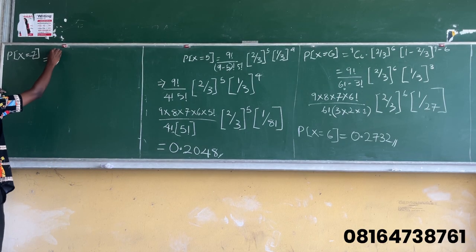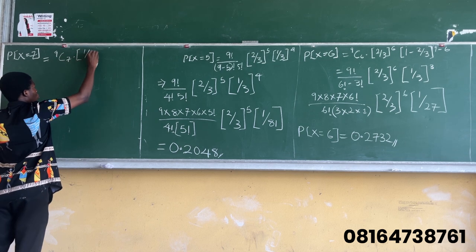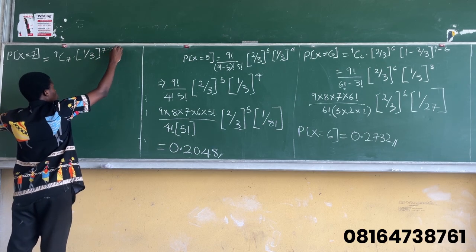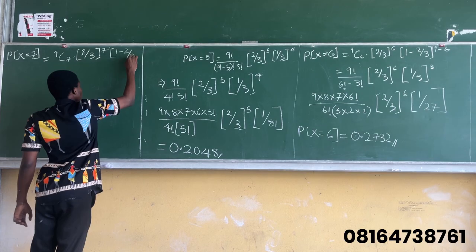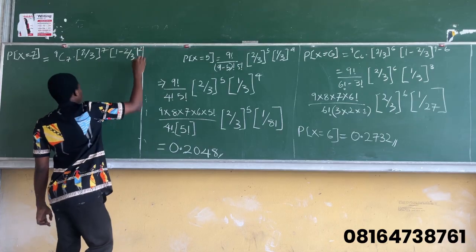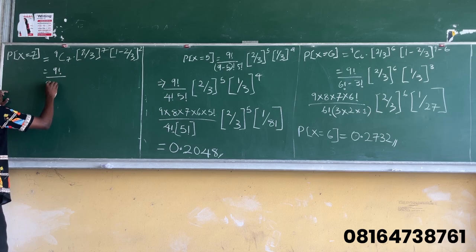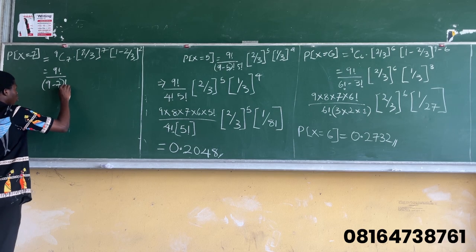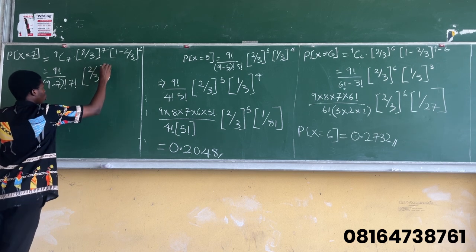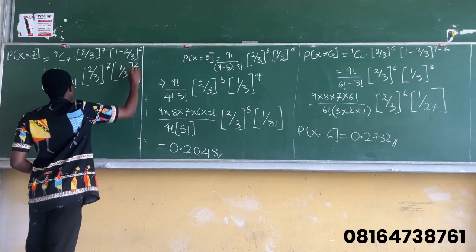So this n is 9 combination 7 multiplied by 2 over 3 raised to power x, which is 7, multiplied by also 1 minus 2 over 3 raised to n minus x. So this is 9 minus 7, we're having 2. So let's work this out. It's going to be 9 factorial over (9 minus 7) factorial, 7 factorial, times 2 over 3 to the 7, times 1 over 3 squared.